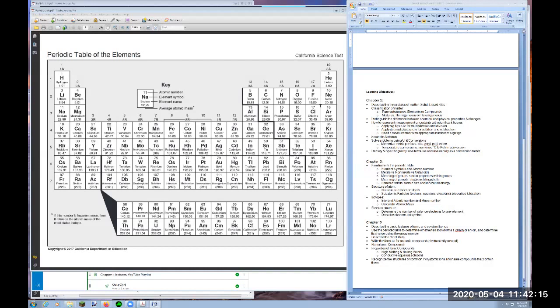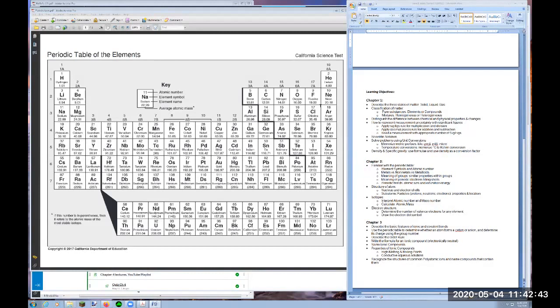Okay, and then from 2 ions, to find the formula of a compound, always write the positive ion first, then the negative ion. For example, Mg2+ and F-. Let's make a compound between these two. So always the first is the positive ion, then the second is the negative ion.